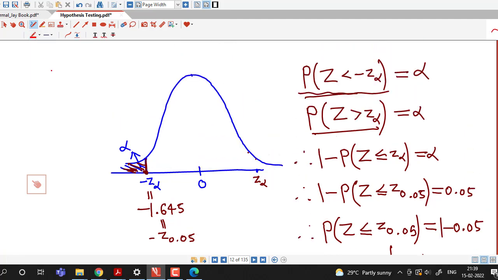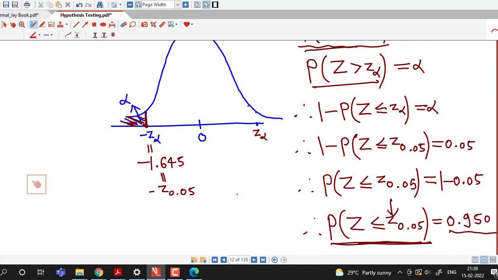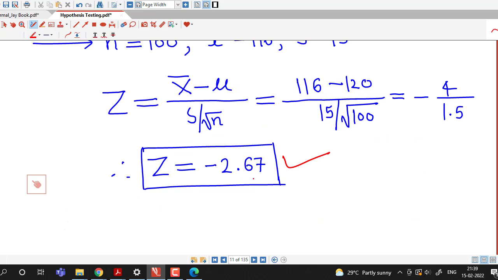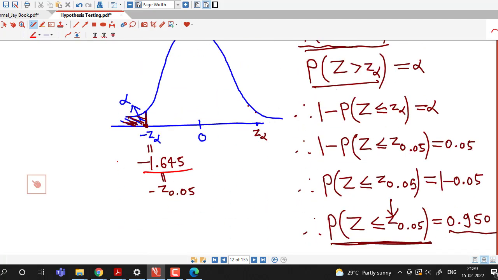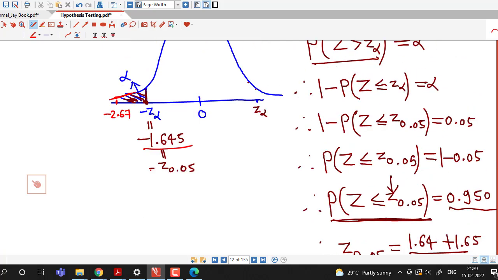Now if we observe, the value of the z statistic which we calculated is minus 2.67 and it is less than minus 1.645. The calculated value of minus 2.67 will be somewhere on this side, so it is in the rejection region. Because the value of the z statistic is less than this value, we will call this value the critical value of z.